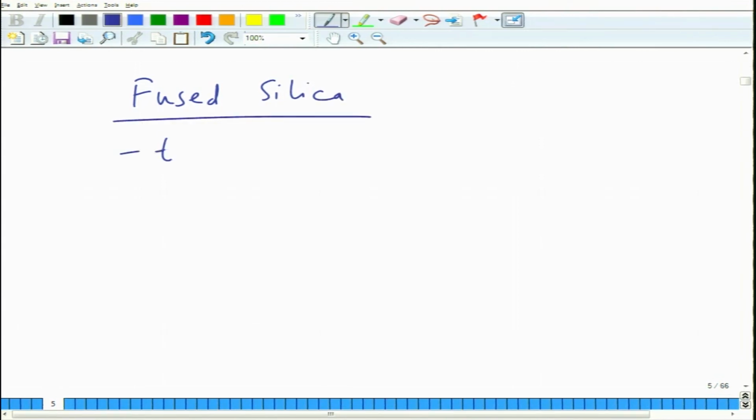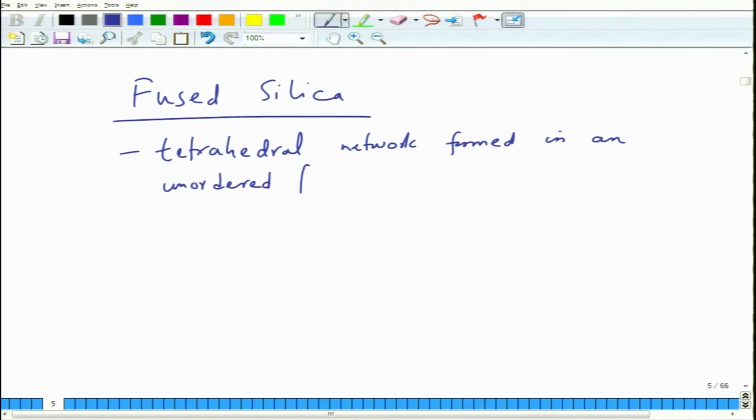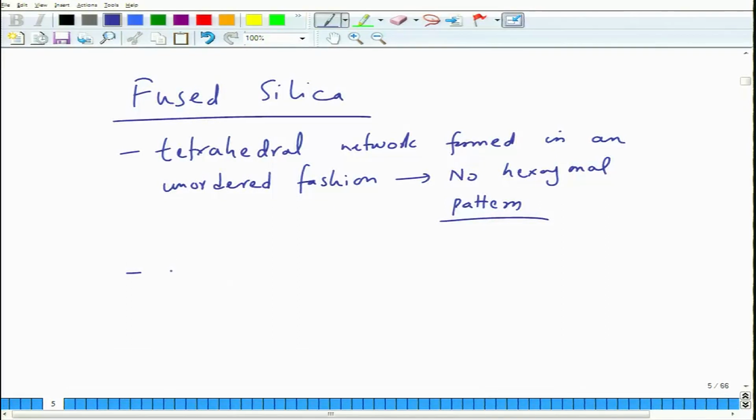So this fused silica is basically, you can say, a tetrahedral network formed in an unordered fashion. So there is no hexagonal pattern there, but the requirement of coordinations are fulfilled, and so they have relatively higher Tg.